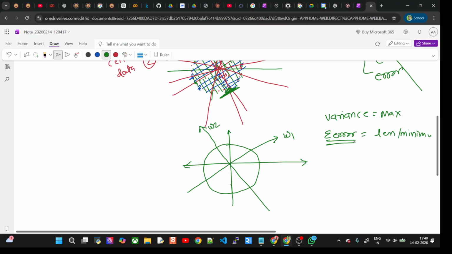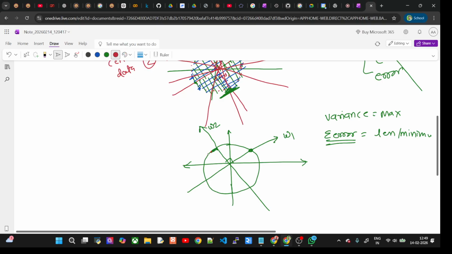But in our case, consider W1: the variance is max, because it's a circle. W2 is the second max variance. But both are circles, so both generally have the same variance, because all the circle points are the same.